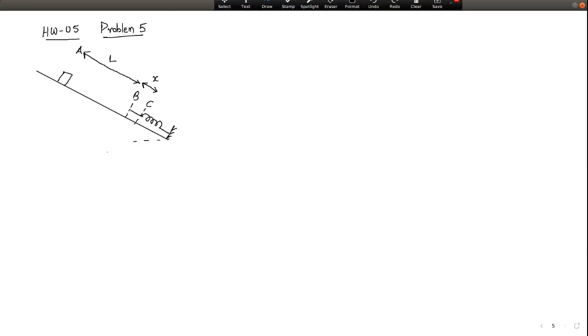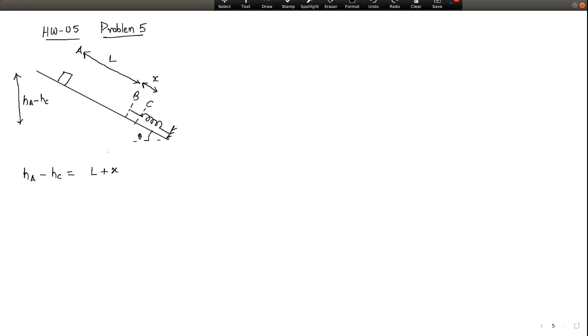But remember, the change in potential energy is decided by the vertical height. So we are interested in also this height here, which is the projection of the distance along the incline towards the vertical. So if this is height HA minus HC, it's clear that the distance HA minus HC is equal to L plus X times sine theta.